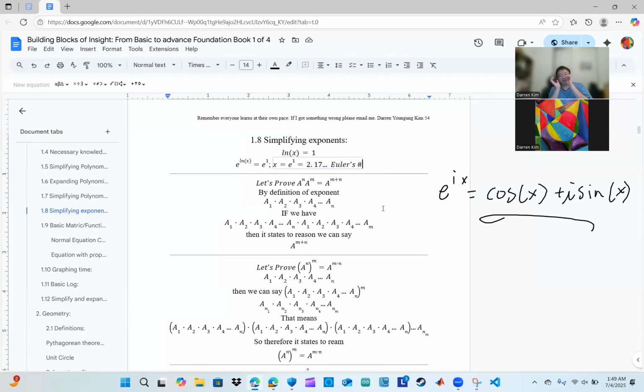And with Euler's equation, you can see Euler allows us to basically, it is a derivative of a derivative. So if you have a periodic thing that's always periodic, it's possible to show it with Euler usually because of the property that the derivative of e to the x is equal to e to the x.